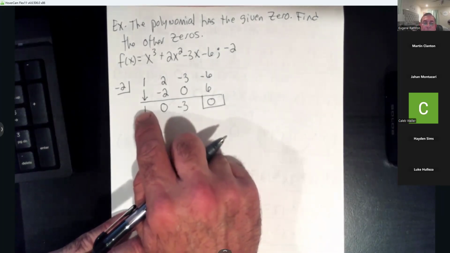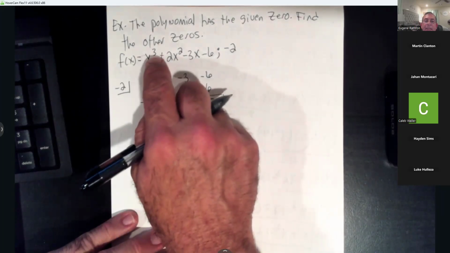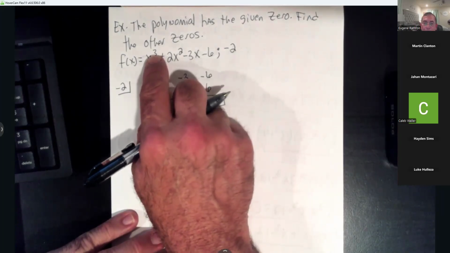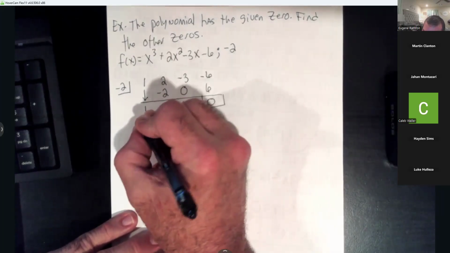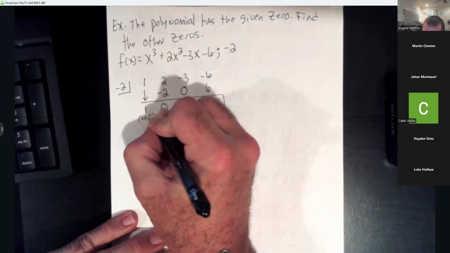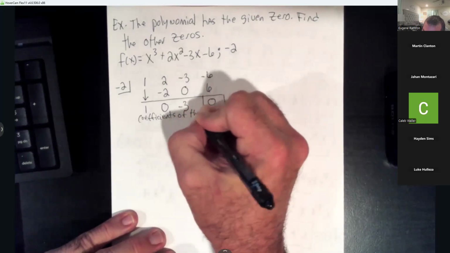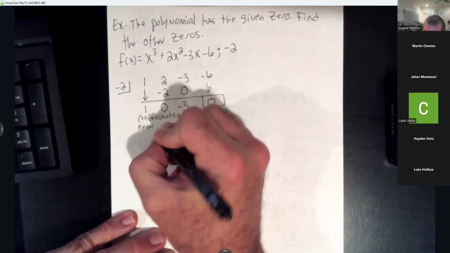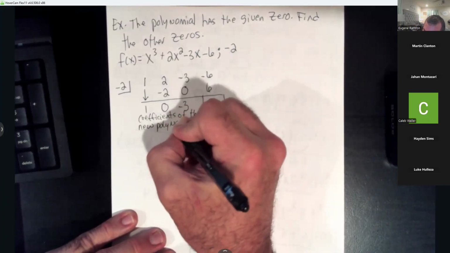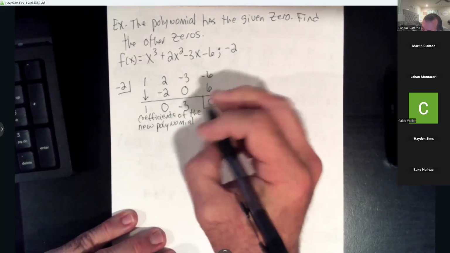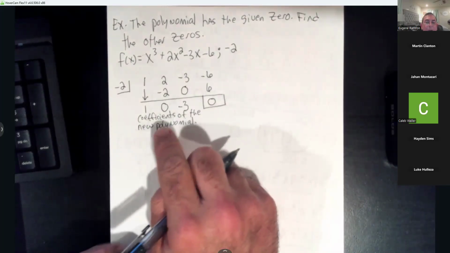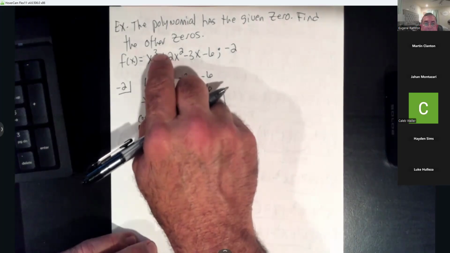And like I said, it always starts out 1 degree less than the original.